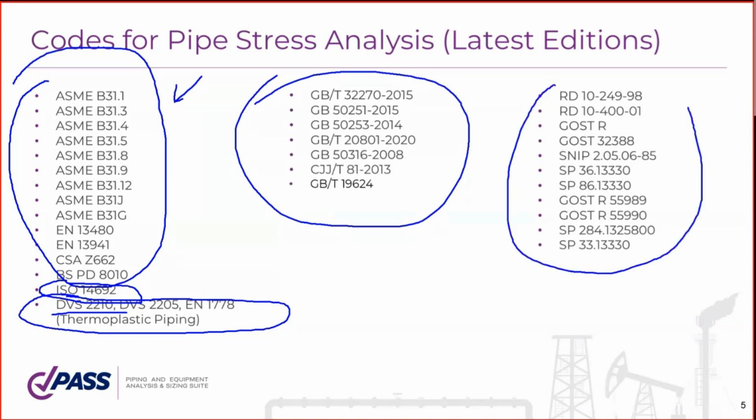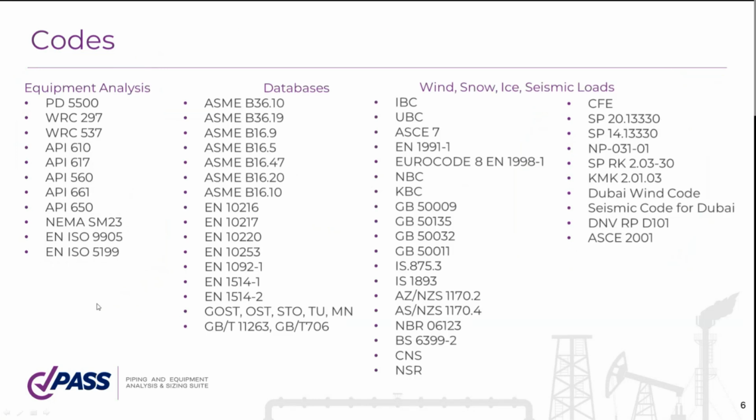And we have the full scope of Russian codes because StarProf is the standard de facto in Russia and some other related countries. And this is the list of the codes for equipment analysis and for the databases with properties of steel pipes: the full scope of American codes, European codes, Chinese codes, and GOST codes. And also wind, snow, ice, and seismic load codes.